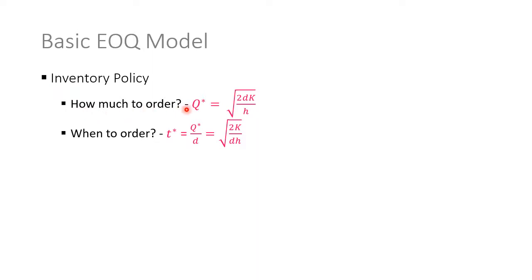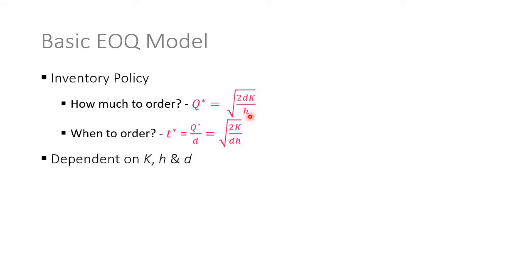This is the economic order quantity that should be ordered every time the order is placed by the company, and T star gives us the length of interval between any two subsequent orders placed by the company. By looking at the formula of these two parameters, we can observe that the values of both the parameters are dependent upon three variables K, D and H.